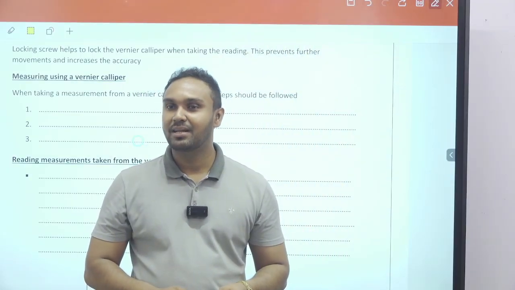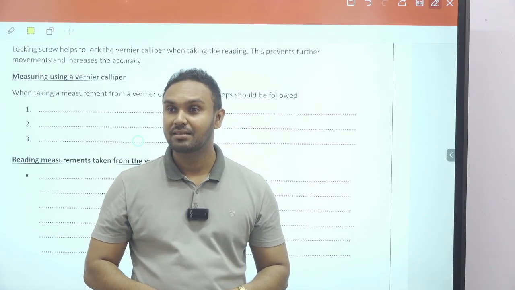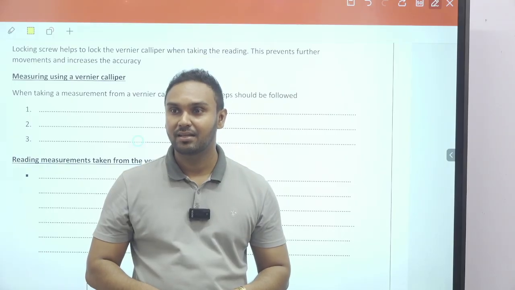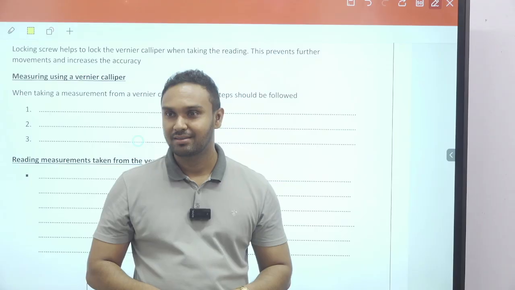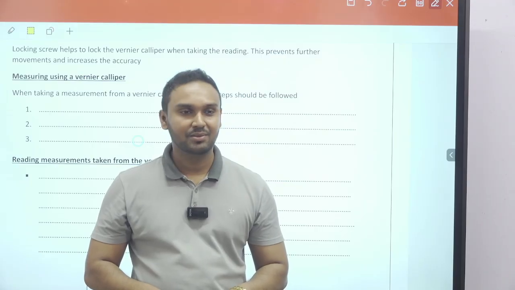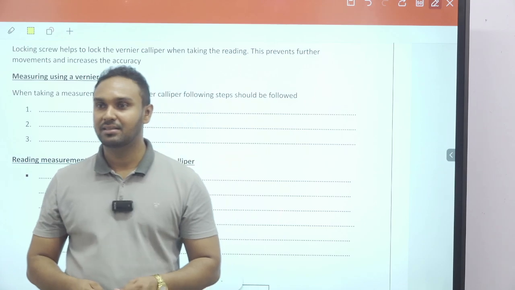So how many lines have aligned with how many main scale lines? You don't count the 0. So how many vernier lines align with the main scale lines?